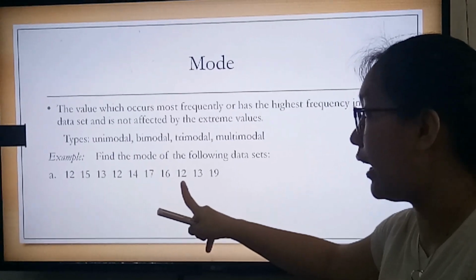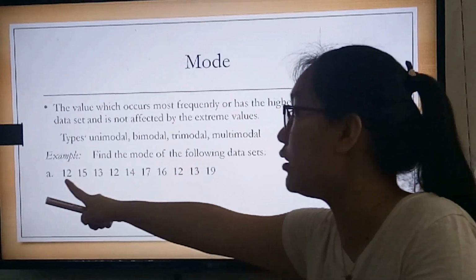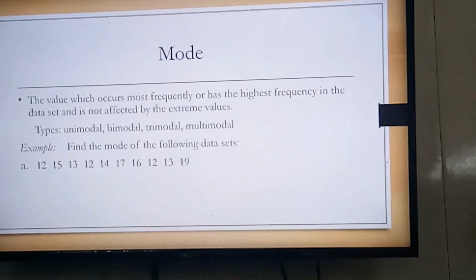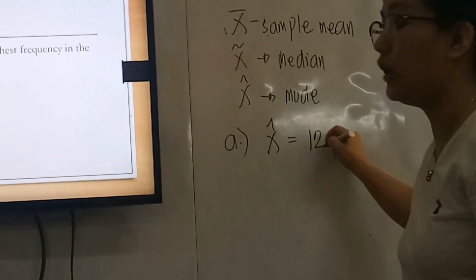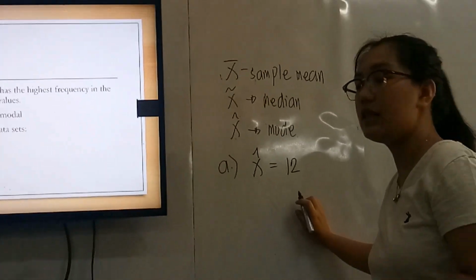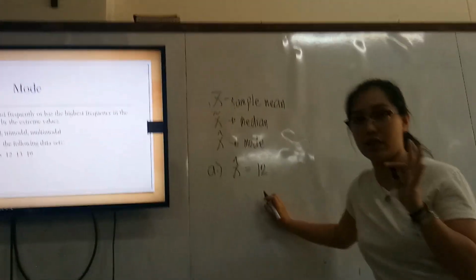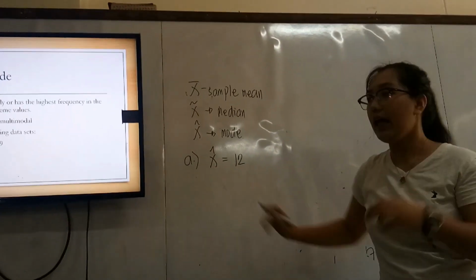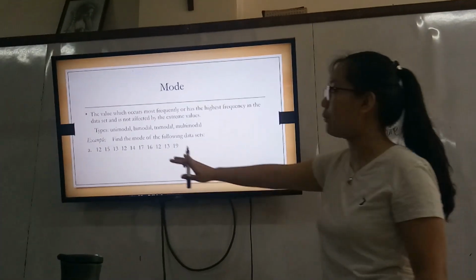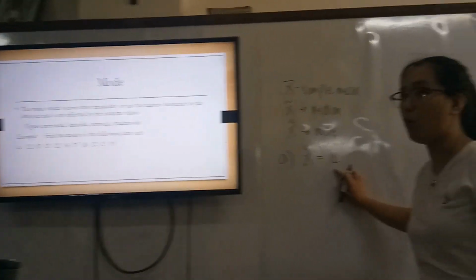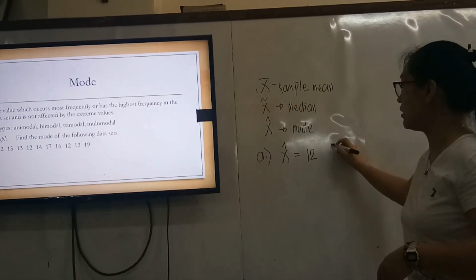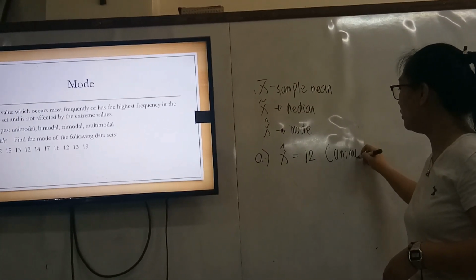So basing from that, 12 stands out more. So in our example A, your mode is 12, because 12 appeared three times and 13 only twice. Based on your types of mode, if you have one mode, it is automatically unimodal.